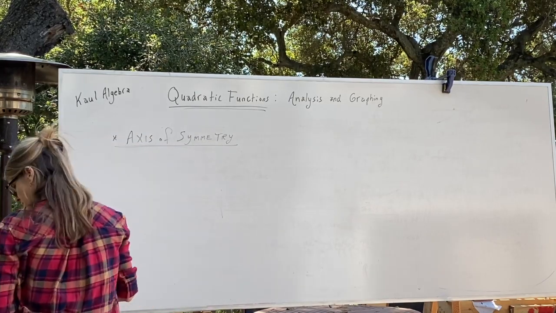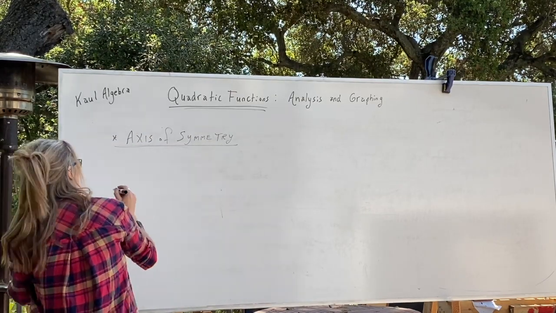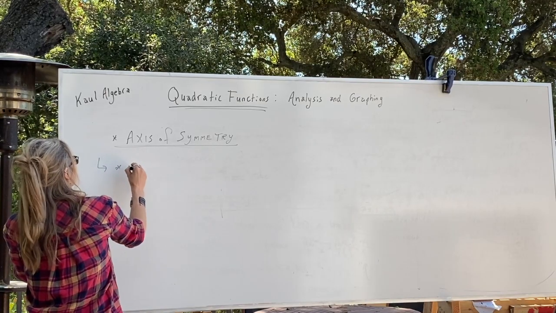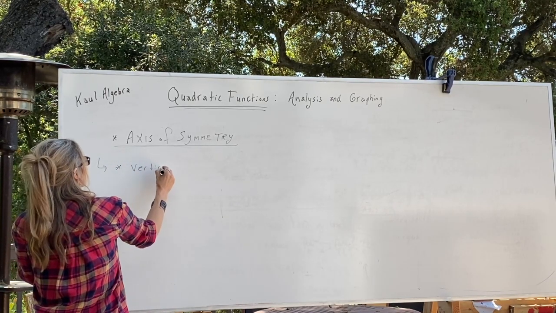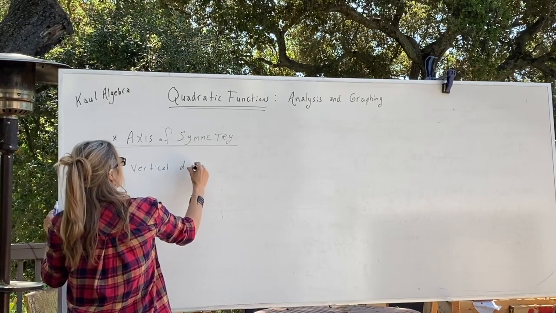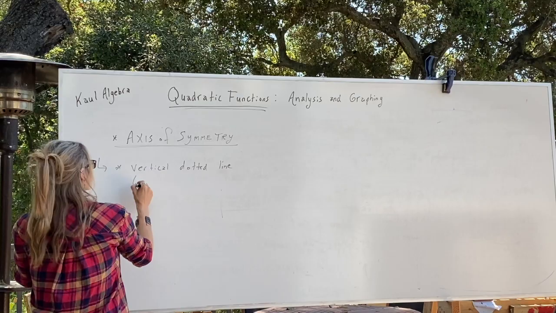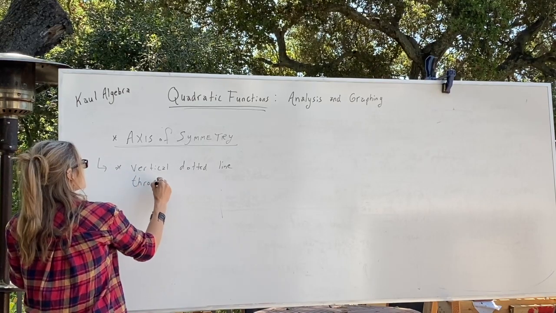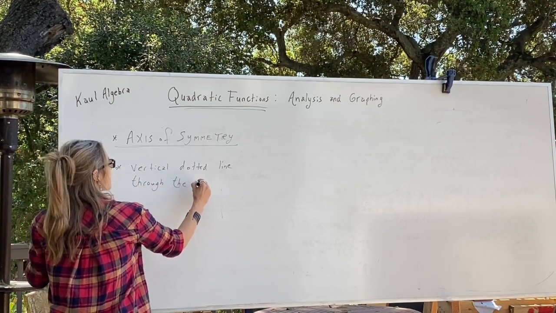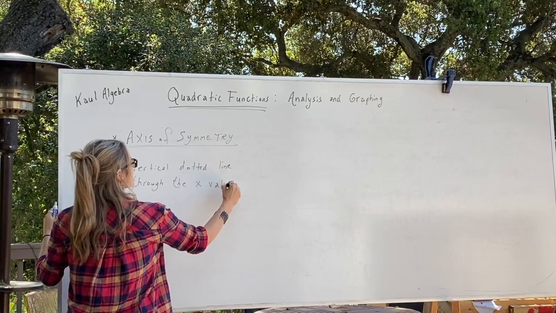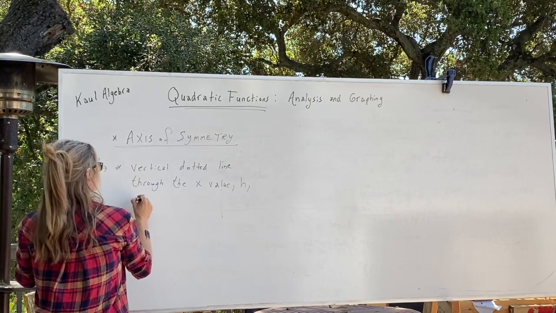The axis of symmetry is a vertical dotted line through the x value, or rather h, of the vertex.